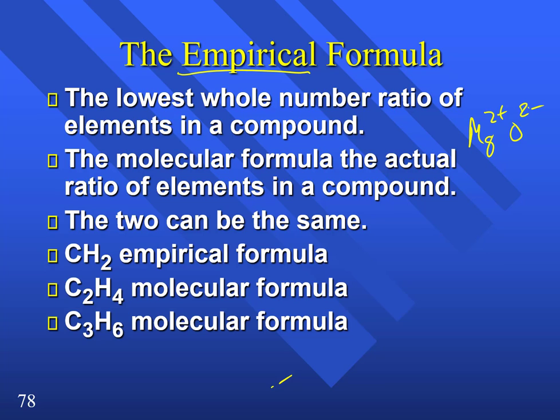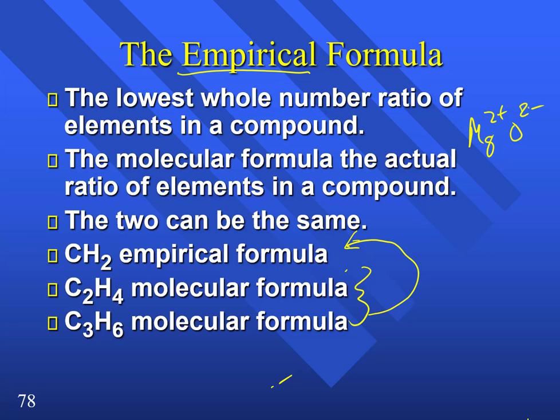Now, I happen to know that both of these exist. C2H4 is ethylene, and if you put a lot of those together, you get polyethylene. Okay? Plastic. But these both exist, and they both have the same empirical formula.